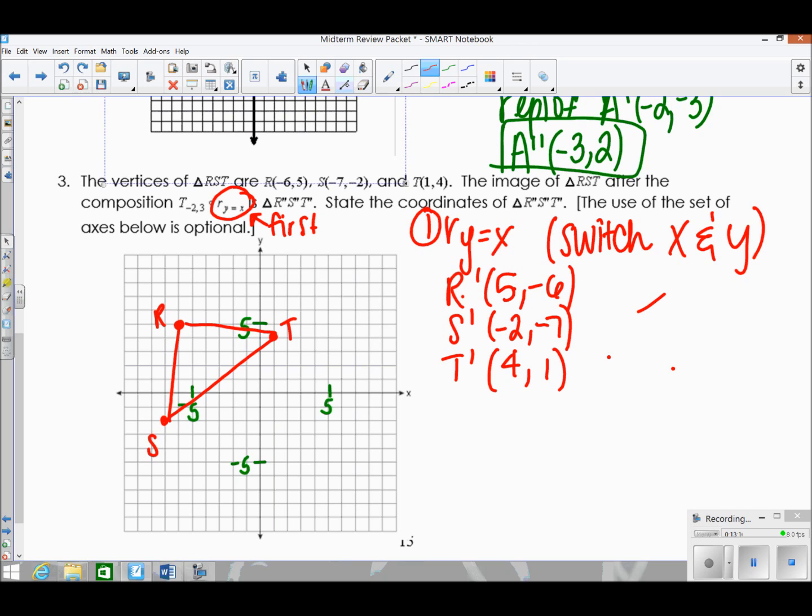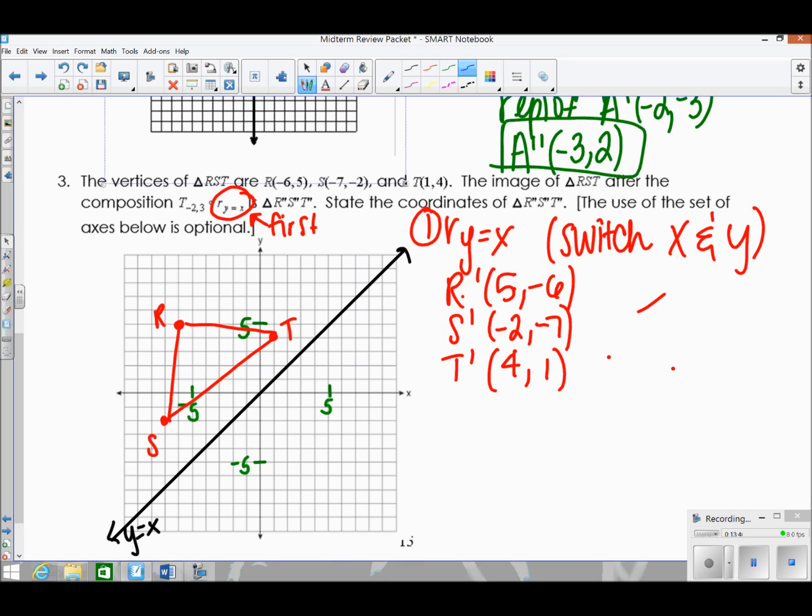Now, on a graph, the line y equals x is where you would start, and that's the line that goes through the origin from corner to corner as long as you have a square graph. And this line, let me just label it here, y equals x, I'm going to still follow that same process where the reflected figure, so this triangle, needs to come up over this line and go to the other side so that it's the same distance away.